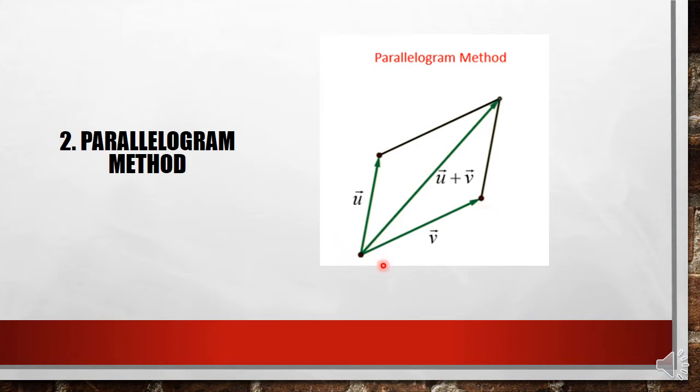Then you complete the parallelogram, where this one is parallel to vector v, while this one is parallel to vector u, in the same direction and the same length. Then you have the resultant of vector u and v is this one. This is the resultant of vector u and v using parallelogram method.